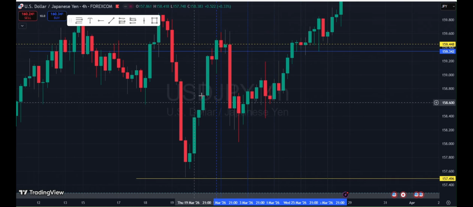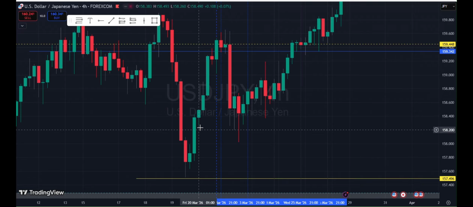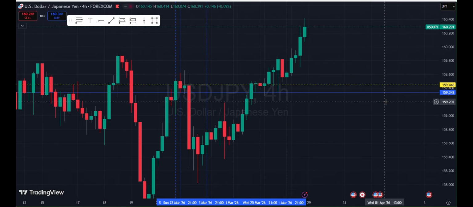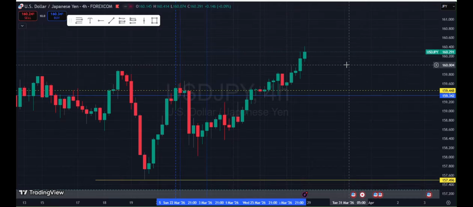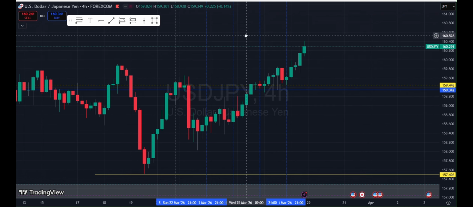You can see that this didn't actually get to where I expected it to get to because I overlooked this. So the downside liquidity remains unfulfilled, and price continued to press higher, reaching for the monthly key level, which we've already mapped out before now.